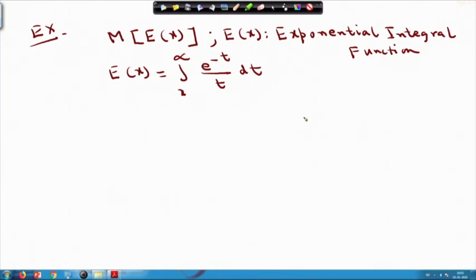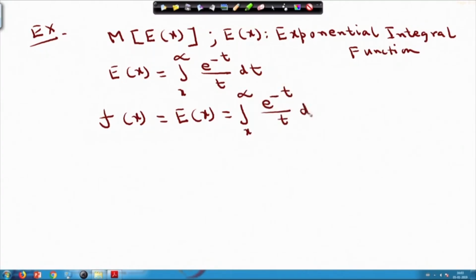To find the Mellin transform of this function, I start with f of x equal to the exponential integral function, the integral from x to infinity of e power minus t by t dt.